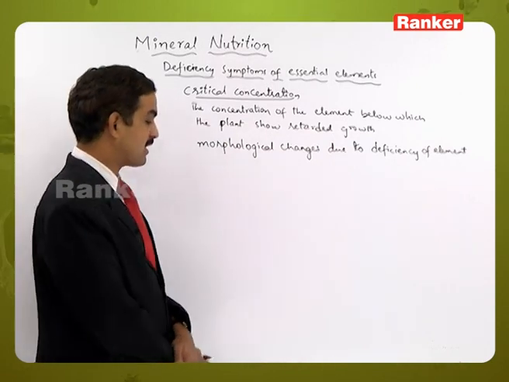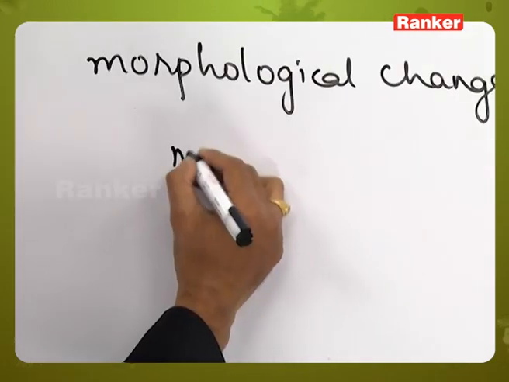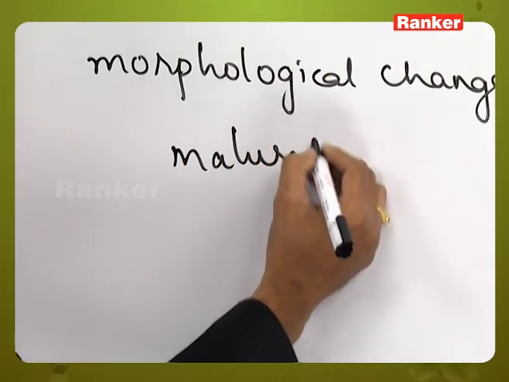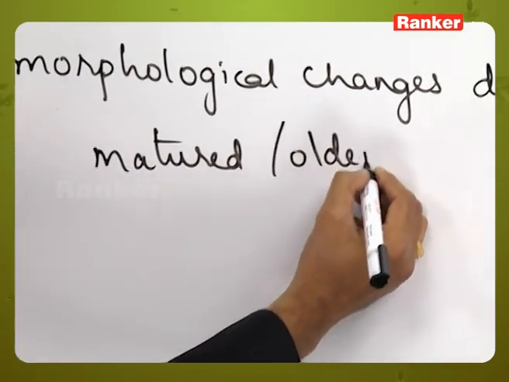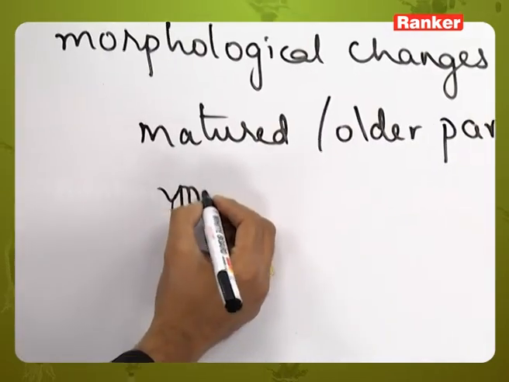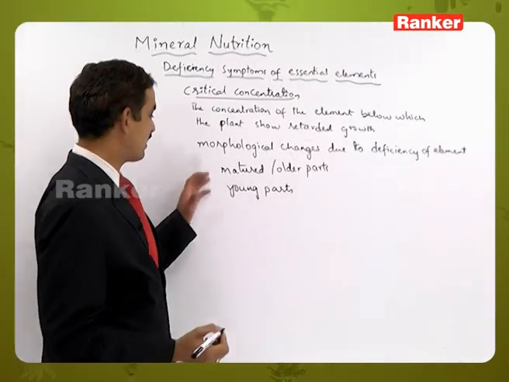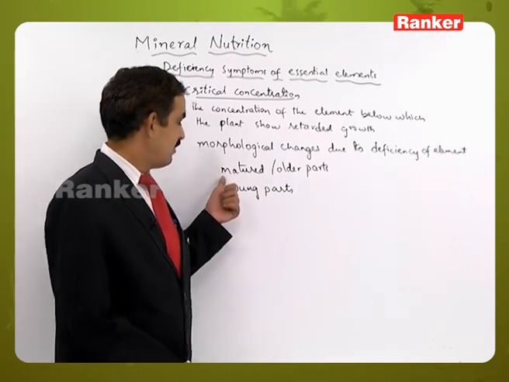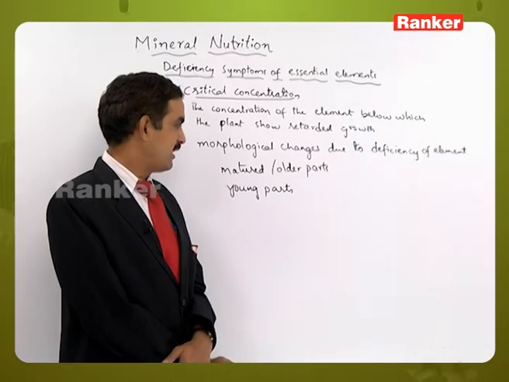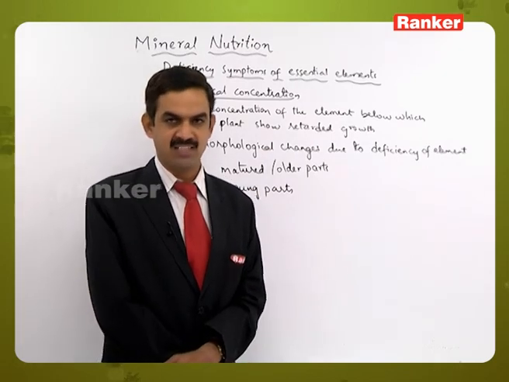These deficiency symptoms are sometimes exhibited in the matured or older parts of the plant body, and sometimes they are shown by the young parts of the plant body also. The presence of deficiency symptoms in matured or younger parts depends upon the mobility of the element.